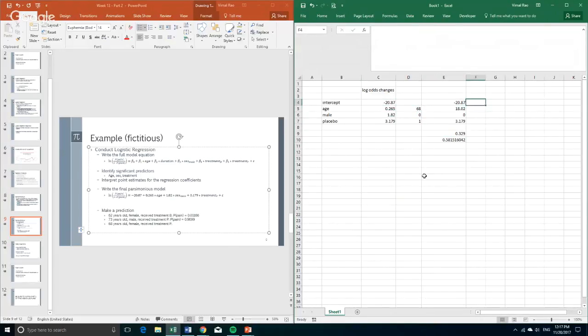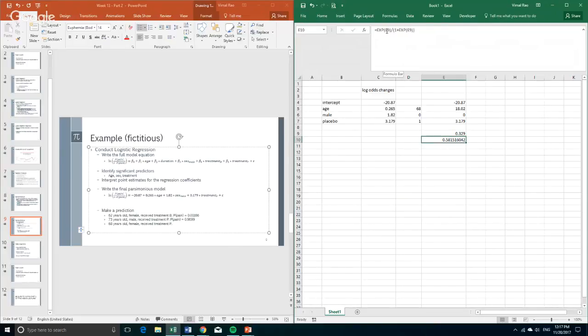So we have the intercept minus 20.87 plus 0.265 times 68, that's 18, plus 1.82 times 0, they are not male, so 0, plus 3.179 times 1. Yes, they did receive the placebo. So all of that added up is 0.392, so the log odds is 0.392.